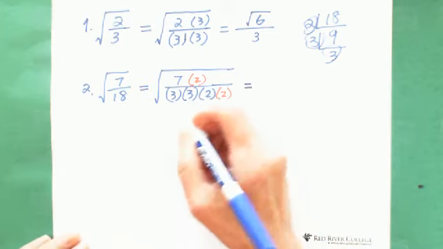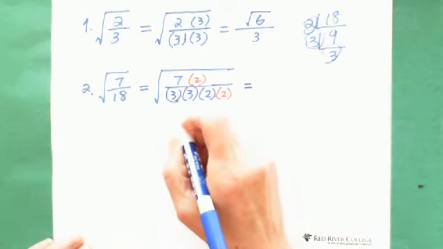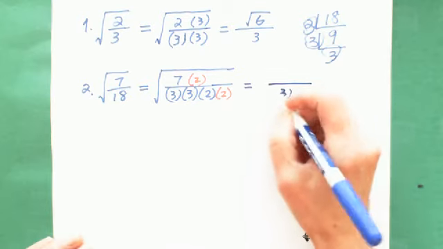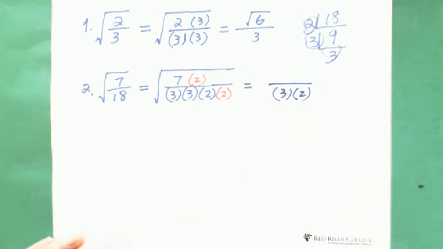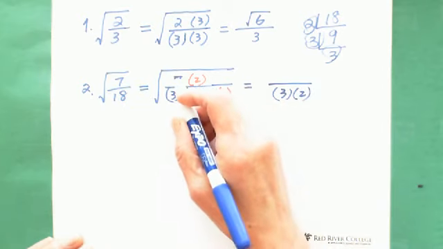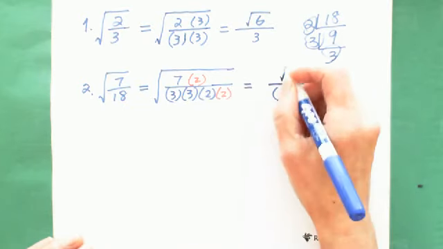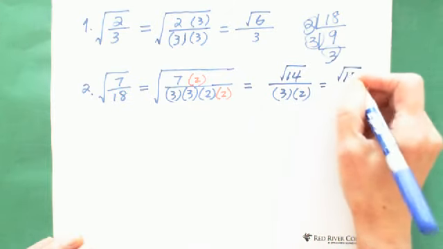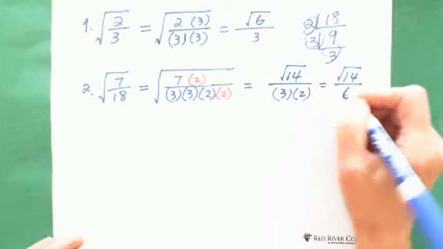The bottom becomes 3 and 2 multiplied together, and the top is 7 times 2, so 14. So the answer is square root 14 over 6.